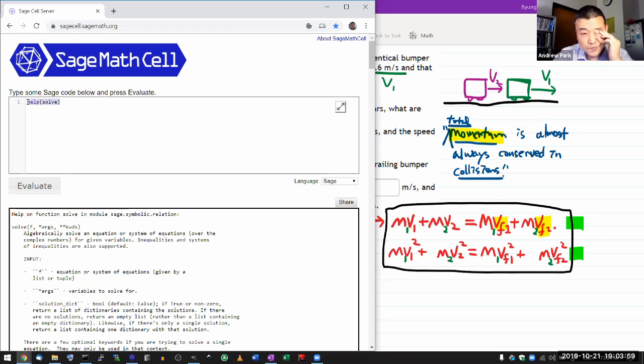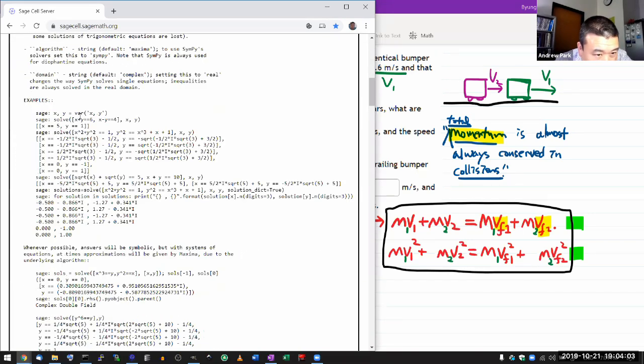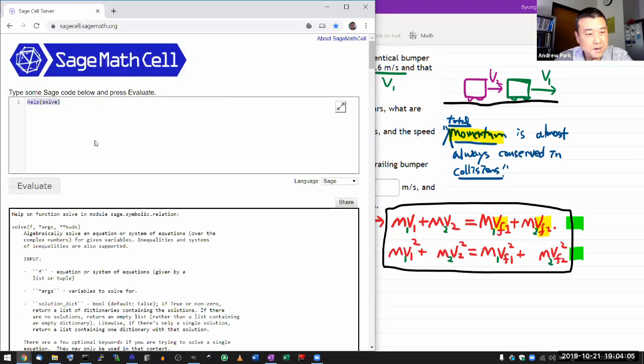Now I need to define the variables. I think I had the syntax here, var, okay. So I need to define my 1, 2, 3, 4, 5, 6 variables. Those are M1, M2, V1, V2, VF1, VF2, those are bars. Bar or bars?